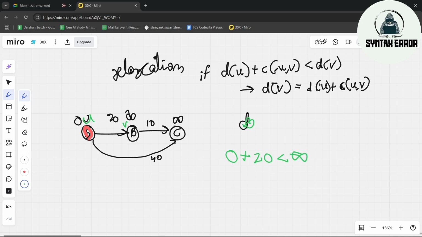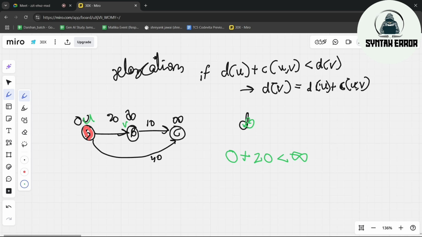So if this condition is true, 0 plus 20 is 20, and 20 is obviously less than infinite, right? So at that time, we have to update our d of V as d of U plus c of UV. d of U is 0, so 0 plus 20.